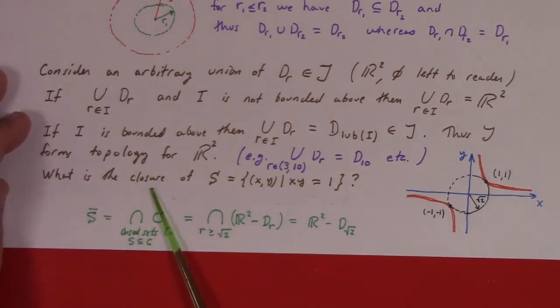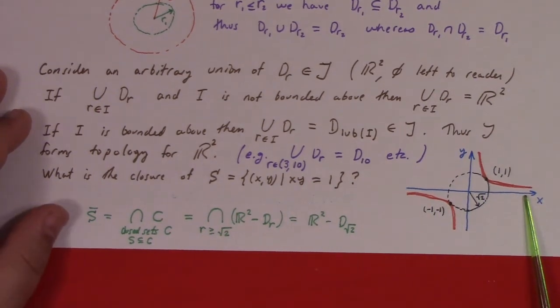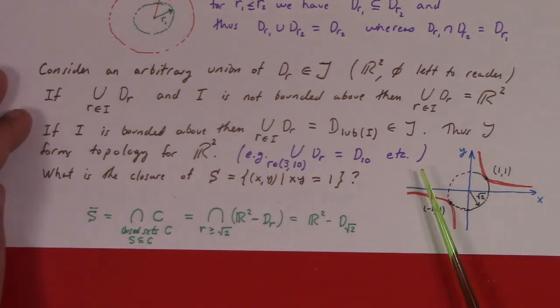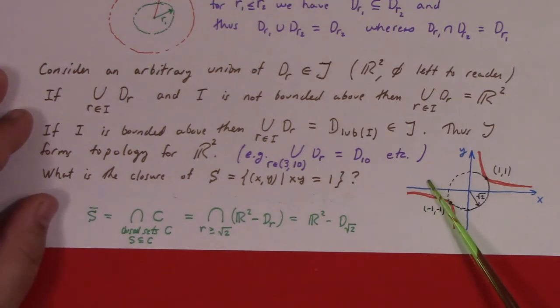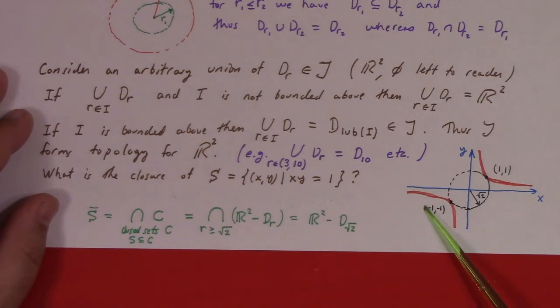So what's the closure of this set? Let's call this the unit hyperbola, the y equals 1 over x curve in red here. What's the closure of this in this topology? My initial thought was, if I look at little open disks, then every open disk has points both inside and outside.